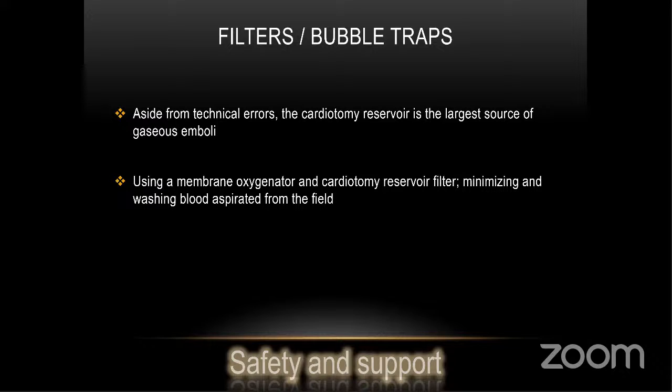Aside from technical errors, the cardiotomy reservoir is the largest source of gaseous emboli in a membrane oxygenator perfusion system. So use a membrane oxygenator and a cardiotomy reservoir filter, and minimize washing of blood aspirated from the field.